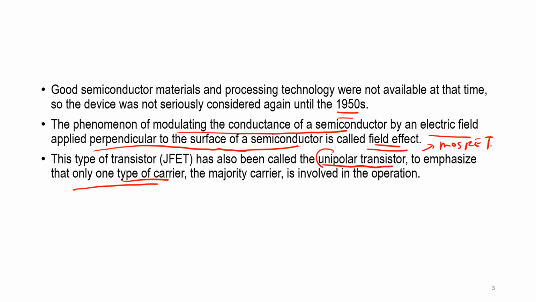Uni means only one type of carrier is considered, which is the majority carrier. For N-JFET, the hero here is the electron, while for P-JFET, the one that really affects the operation is the holes.